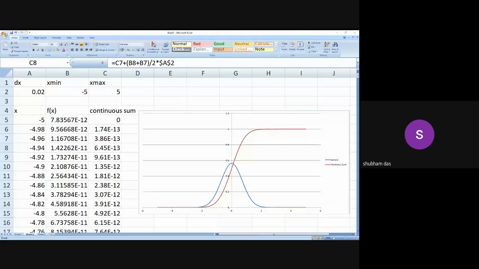Sir, I have a doubt. In Simpson's one-third rule, you told that we construct a parabola, but I'm still not able to visualize how we would construct a parabola between three consecutive points, if the three consecutive points are continuously increasing. You can construct a parabola.